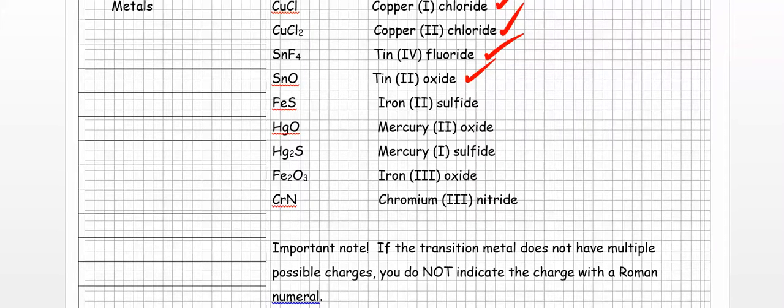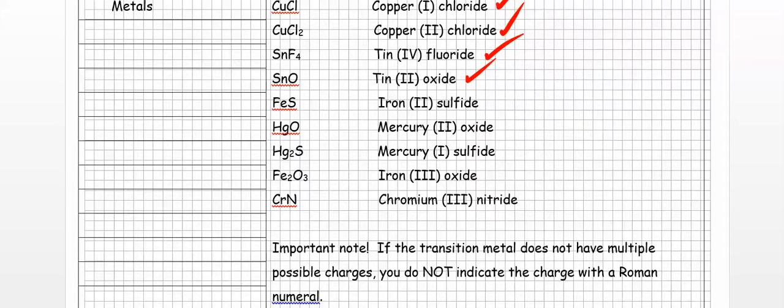If an element does not have more than one charge possible, then you do not write the charge in the name with the Roman numeral. And if you do, it's wrong.